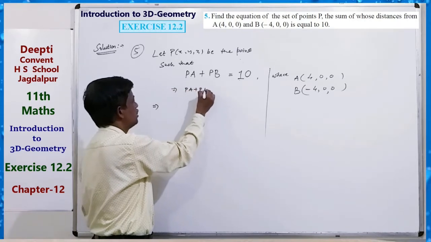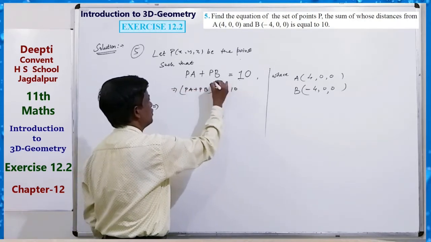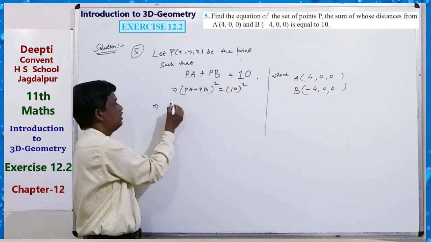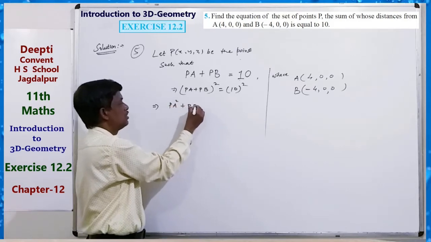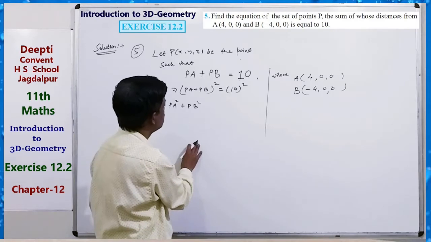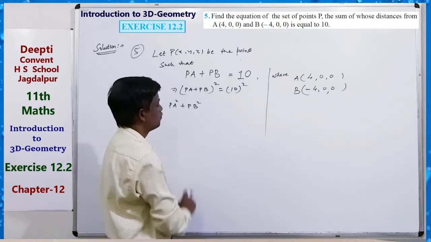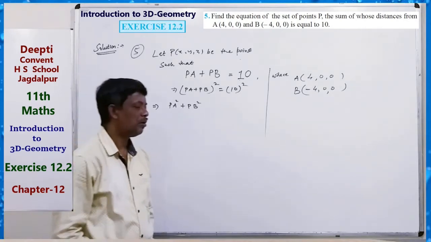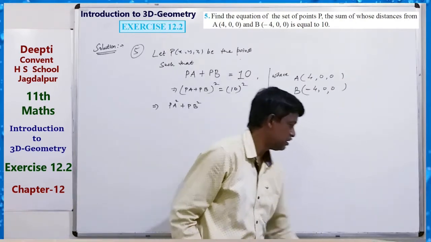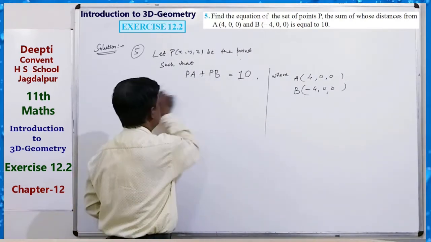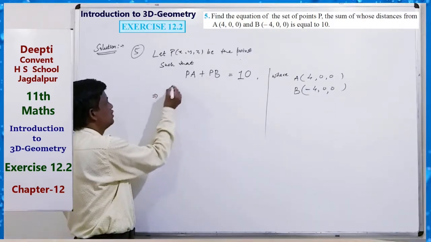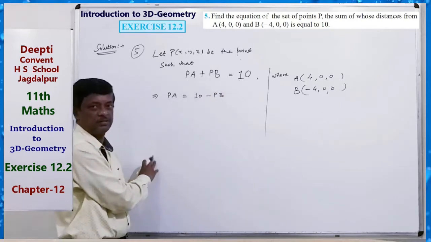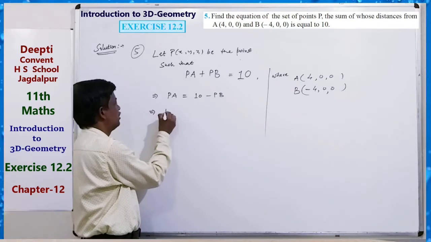(PA plus PB) square equals 100. Not by taking it like this, just take PA equals 10 minus PB, transfer and then square it.